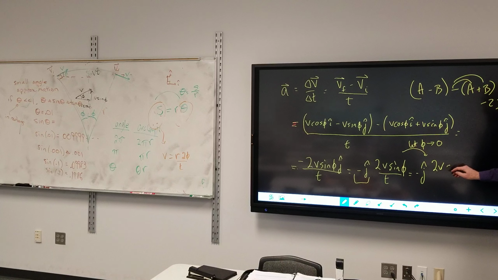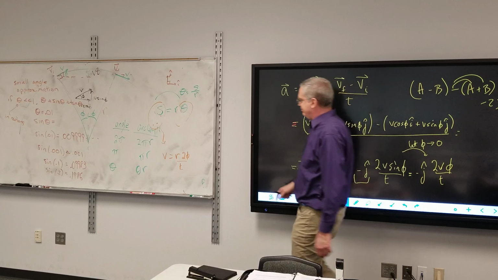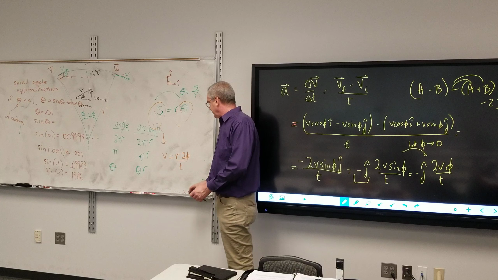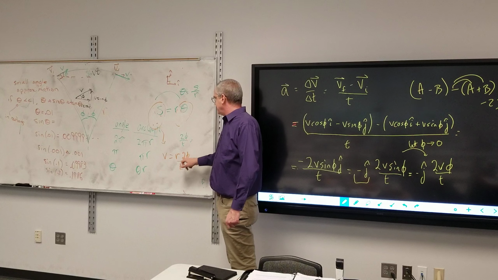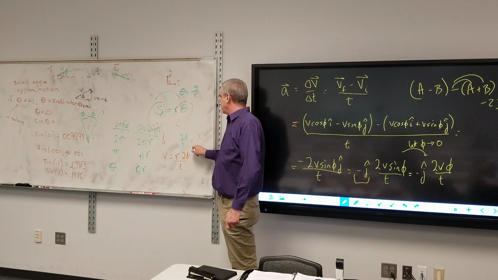This becomes approximately 2v phi over t. Well, 2 phi over t, we can just solve for that. 2 phi divided by the time is just, well, let's bring r over, it's just v over r.